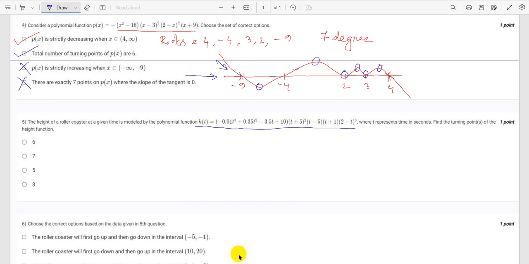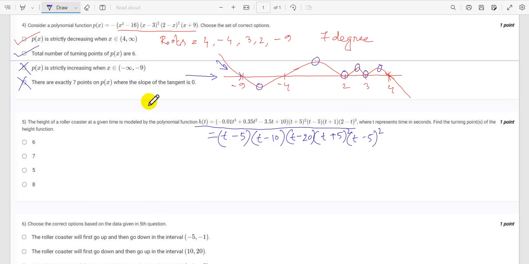So first, factorize this whole equation. It is (t-5), (t-10), (t-20), (t+5) whole square, (t-5).